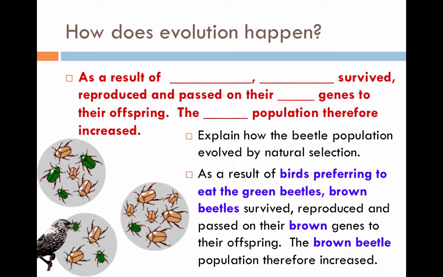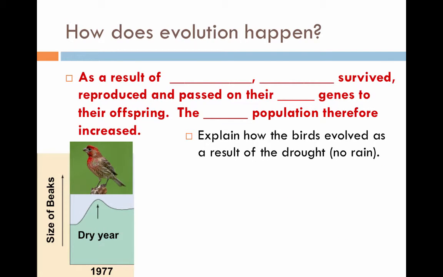Let's try another one. Explain how the birds evolved as a result of the drought. Drought means no rain, so really, really dry conditions. Let's look at the data. It looks like in a dry year, the size of the birds' beaks increased. So now use the fill-in-the-blank sentences to answer the question. As a result of what? Drought. Who survived?